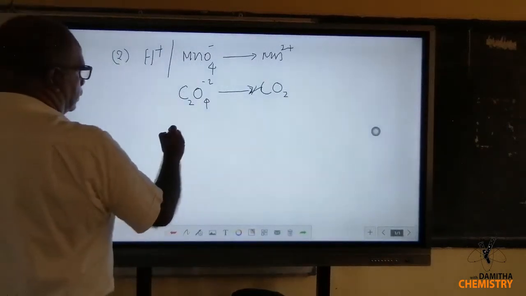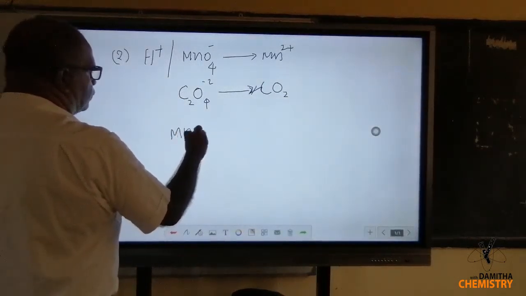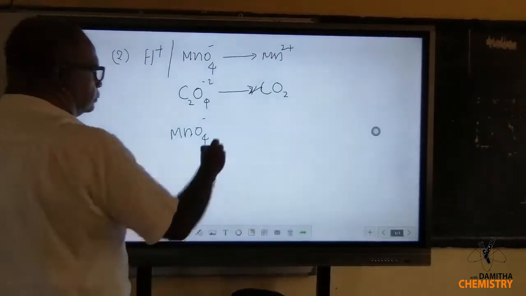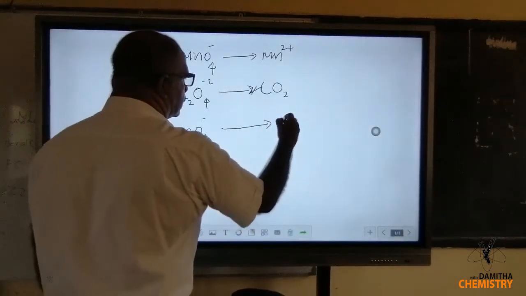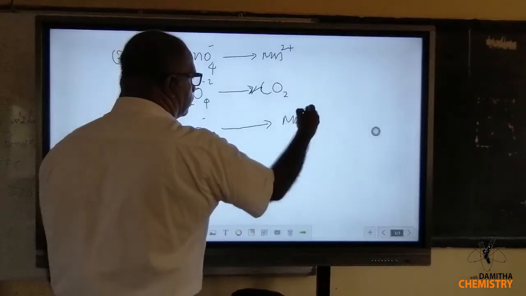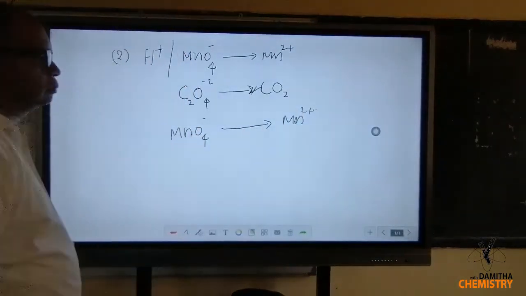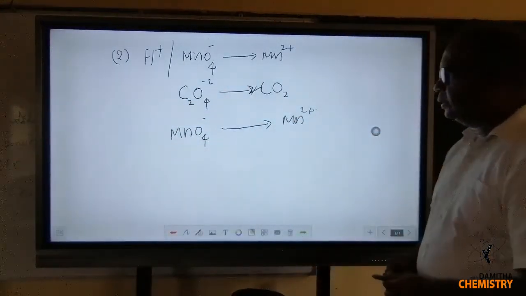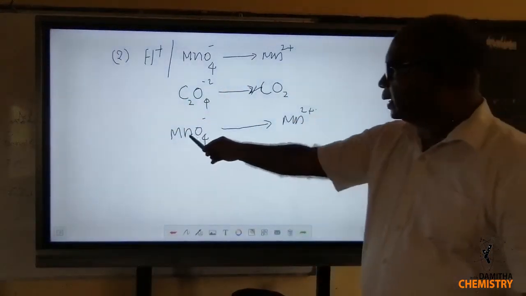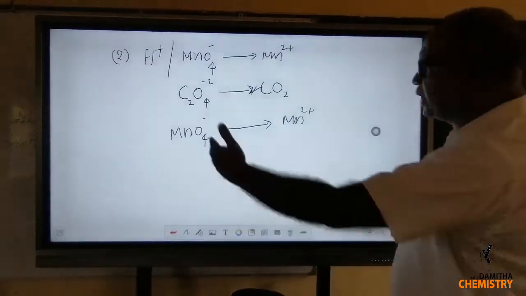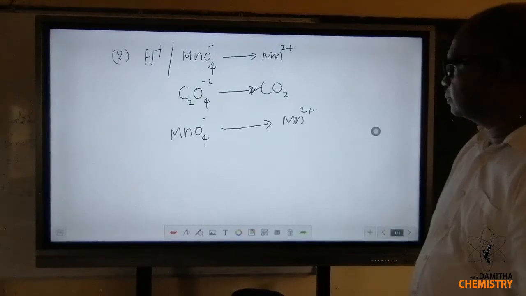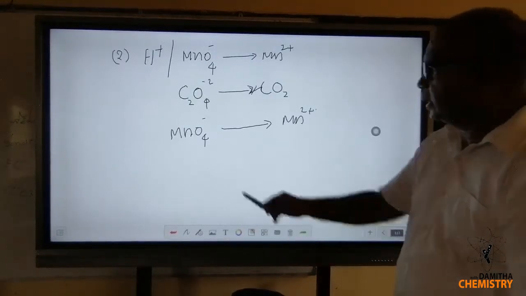Now, MnO4- gives Mn. The main element is Mn. The left hand side has 1 Mn, the right hand side has 1 Mn.